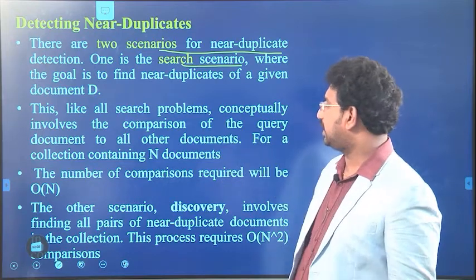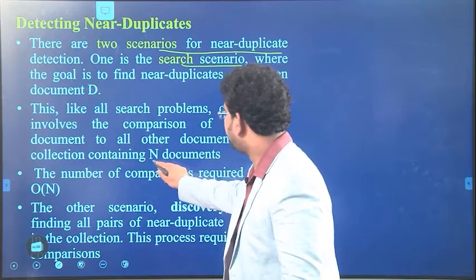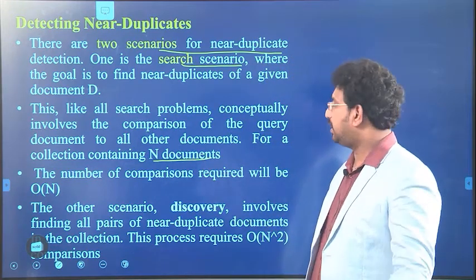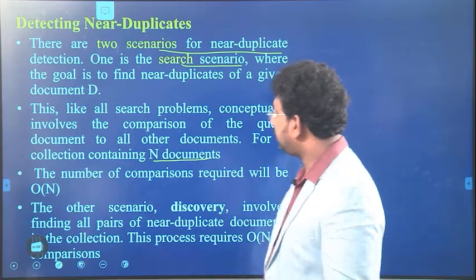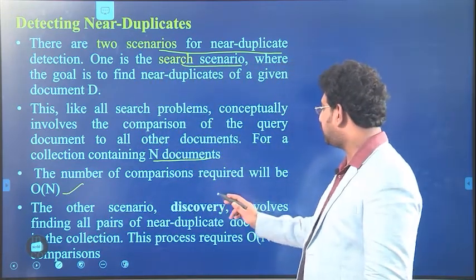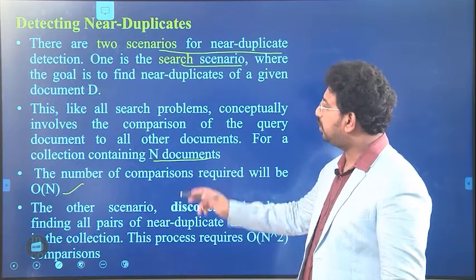For a collection containing N documents, the number of comparisons required will be big O of N.